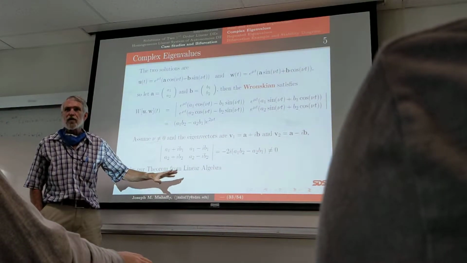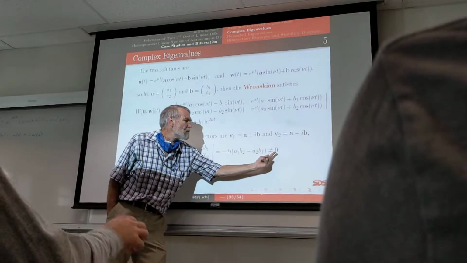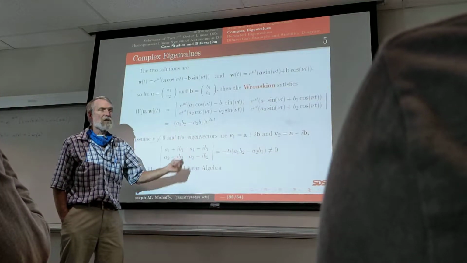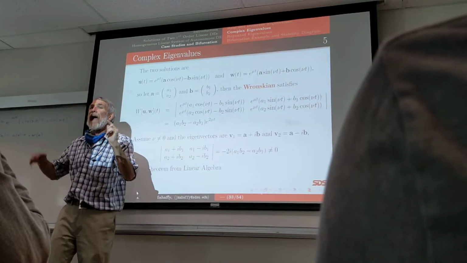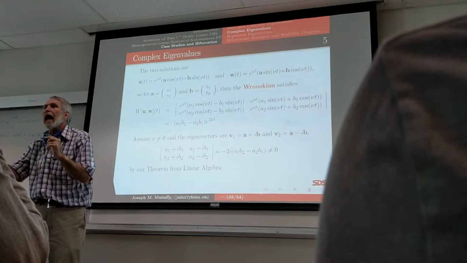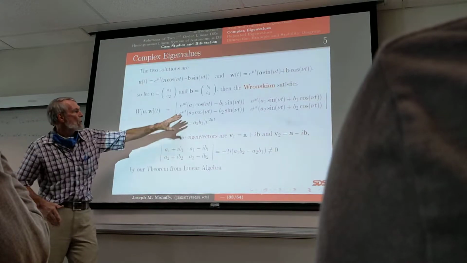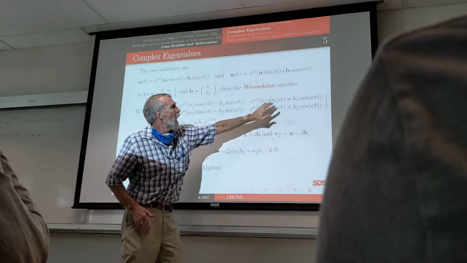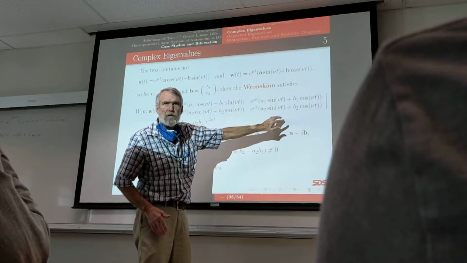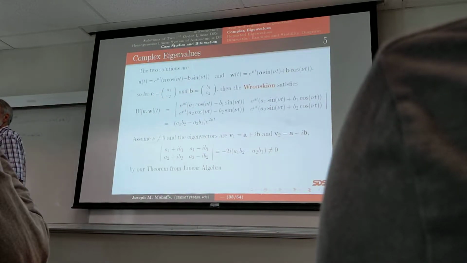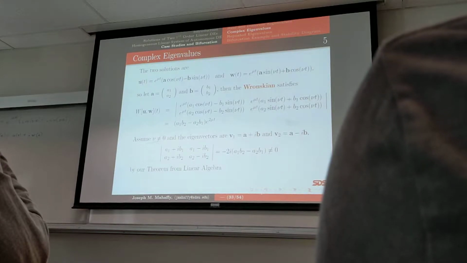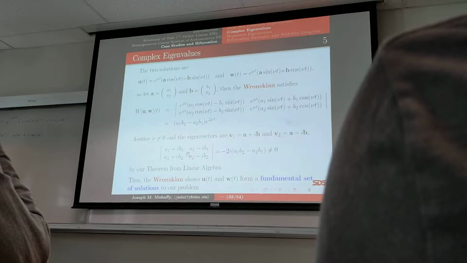That theorem tells us that this has to be non-zero, so the Wronskian is non-zero. That told us what? That real part and the imaginary part were linearly independent solutions. Okay? All right, that's the theory.